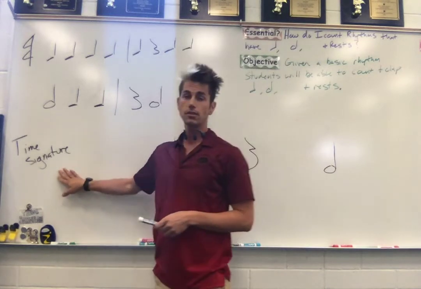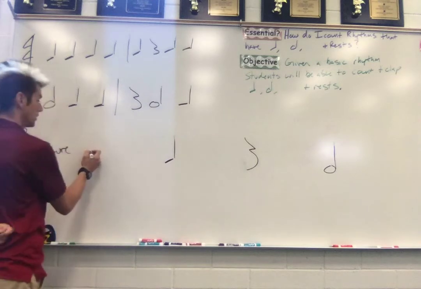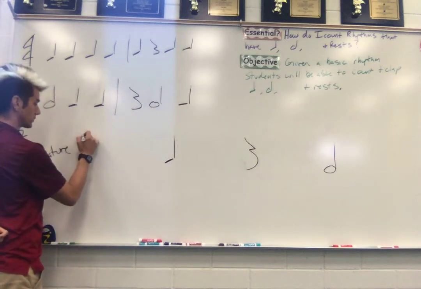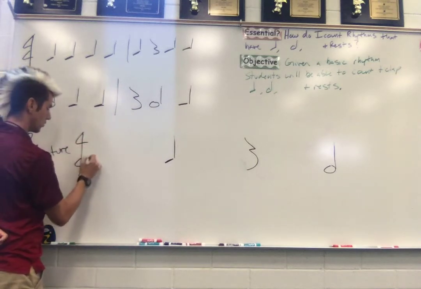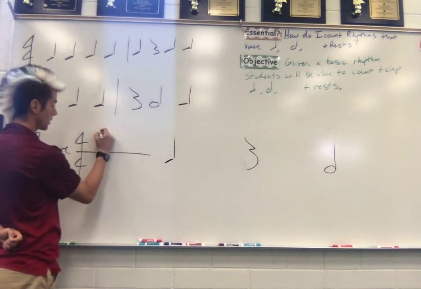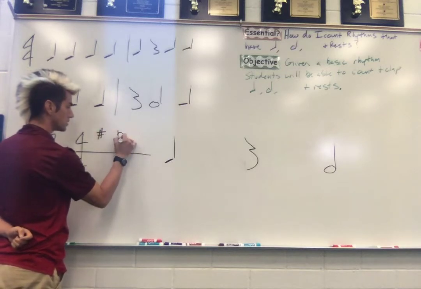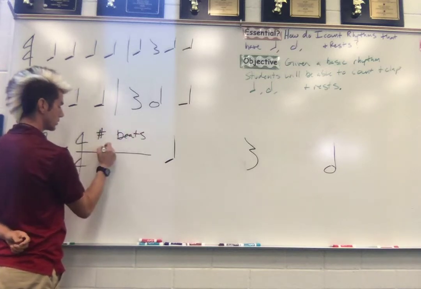A time signature tells us two things. The top number, so we have 4, 4, tells us the number of beats per measure.